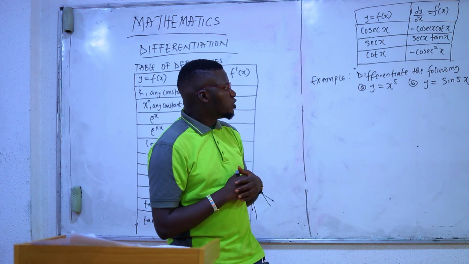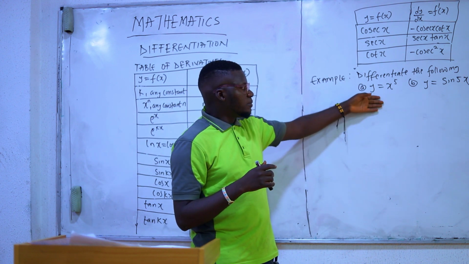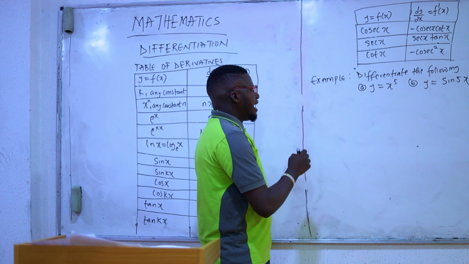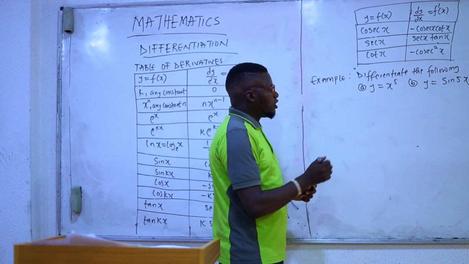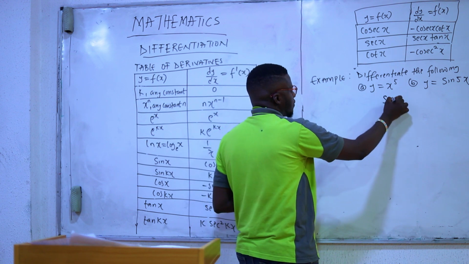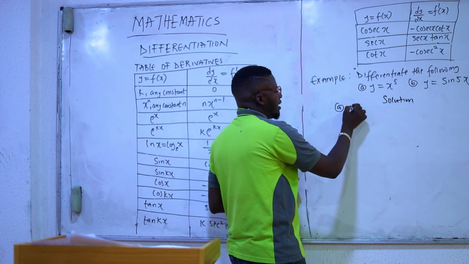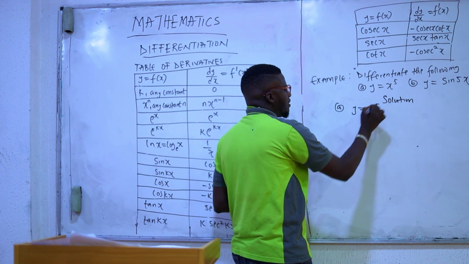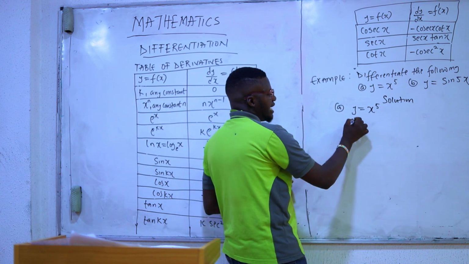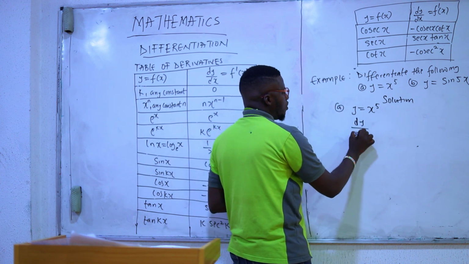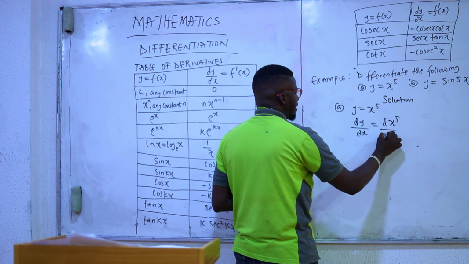From the table, I'm now going to apply what's on the table to solve one or two examples. Example one says I should differentiate the following. The first one, a: y is equal to x raised to the power 5, and I'm asked to differentiate it. Differentiating with respect to x, dy over dx is equal to d x raised to the power 5 over dx.